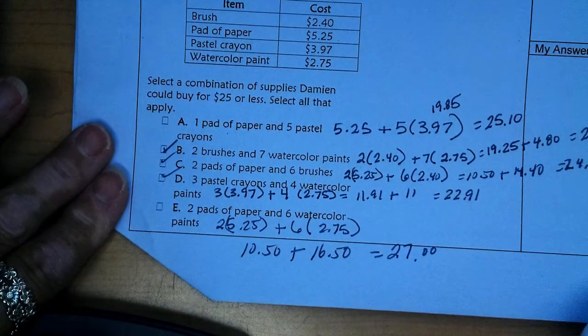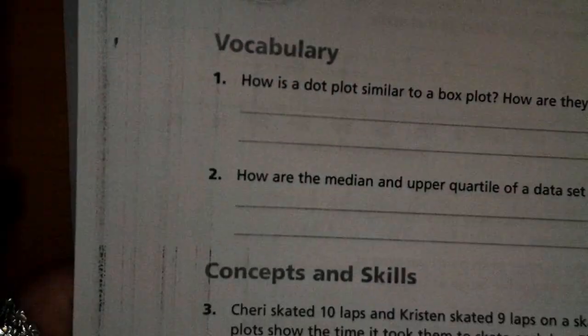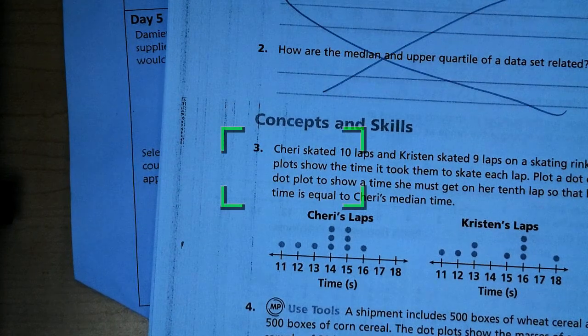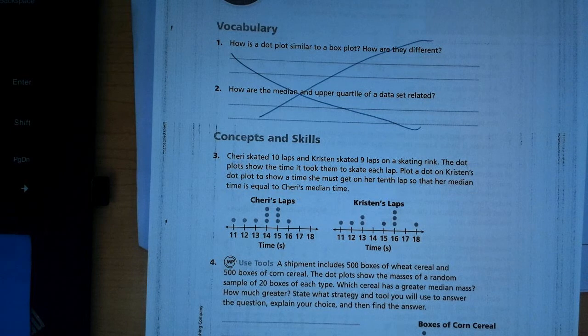All right, so you guys today are working on the Module 13 review, which can be found on page 435. Okay, remember, we're not worried about the vocab. If you do it in Into Math, of course, it will tell you what you have right or wrong.